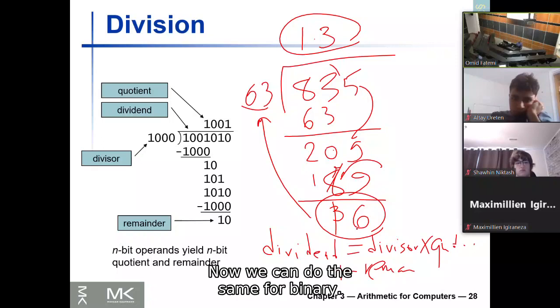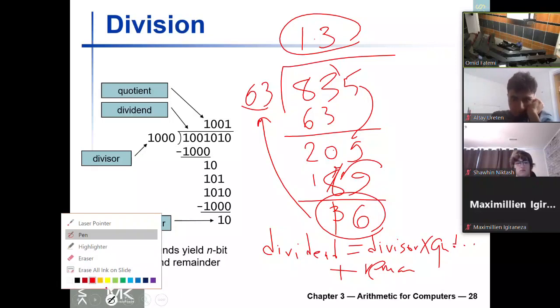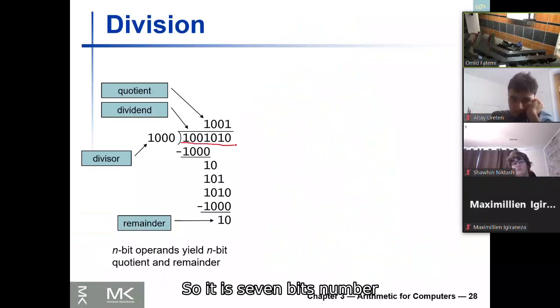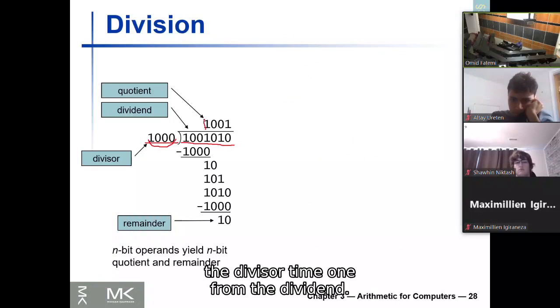Now we can do the same for binary. We are dividing a number, 1001010, so it is a 7-bit number, by 1000. Again, we start by subtracting the divisor times 1 from the dividend.